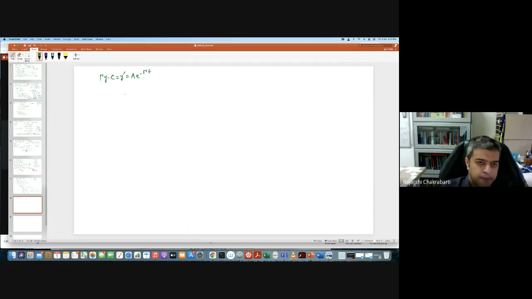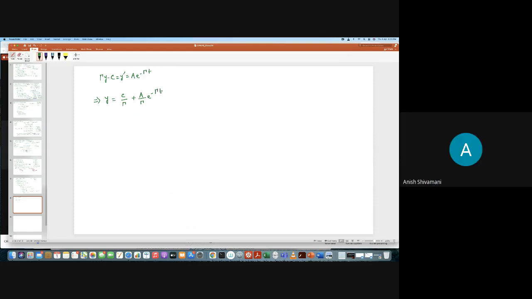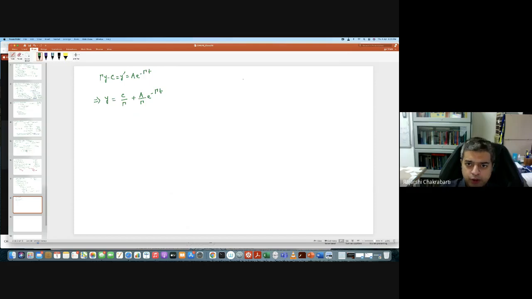So this basically tells you that your y is, taking c on the other side, c by gamma plus a by gamma times e to the minus gamma t. Are you fine with it? Yes, sir. Can you recall what was y? d/dt of x square plus x.